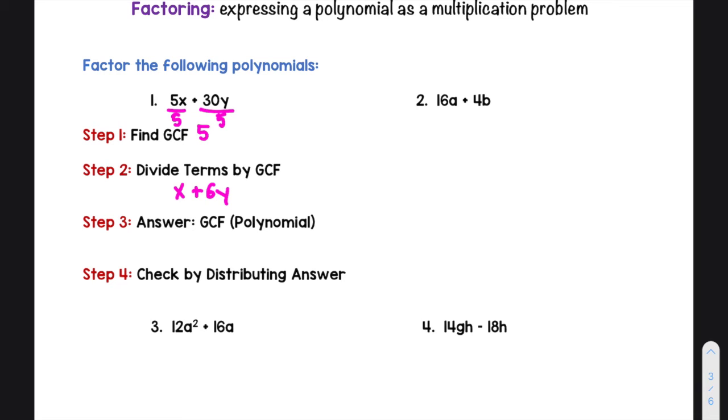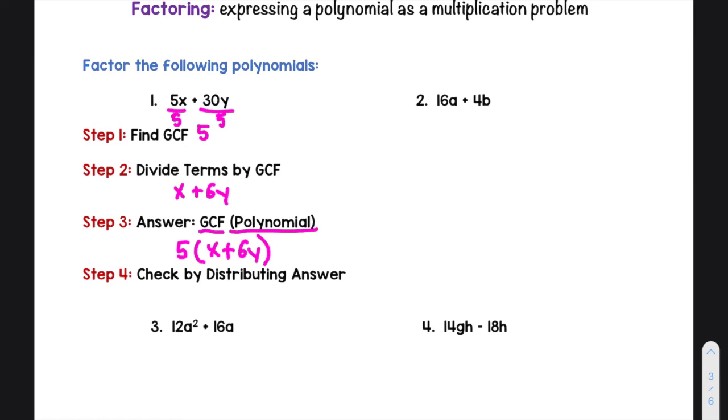What times what is going to give us 5x plus 30y? And that answer is in the form of the GCF, which we know is 5 for this problem, times the polynomial we get after we divide in step 2, which is x plus 6y.